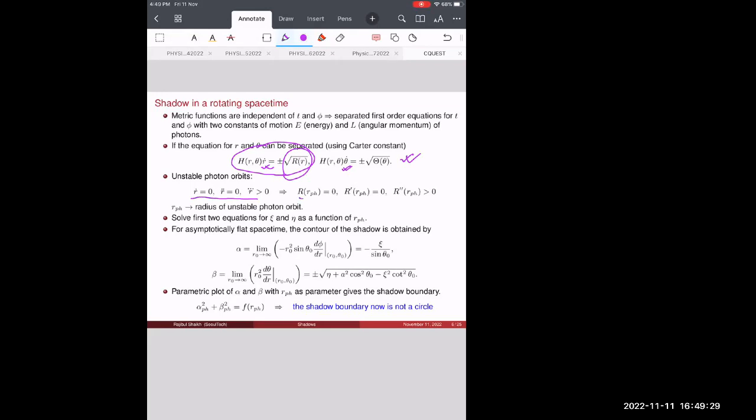In terms of capital R, this becomes this, where r_ph is the radius of the unstable photon orbit. Generally, what we do is solve these two equations and find the critical impact parameters xi and eta as functions of r_ph.